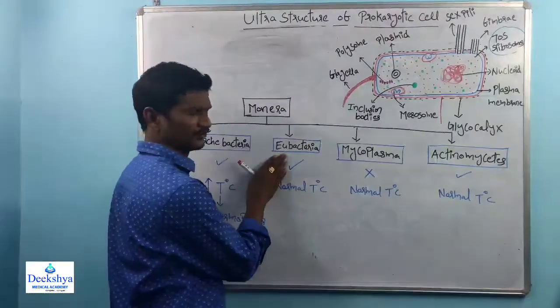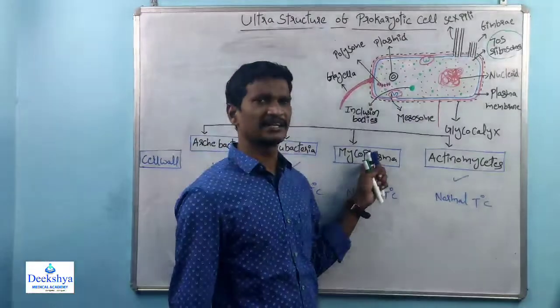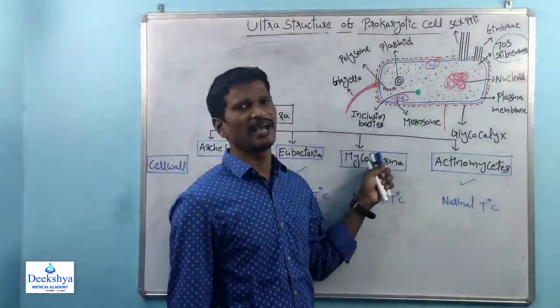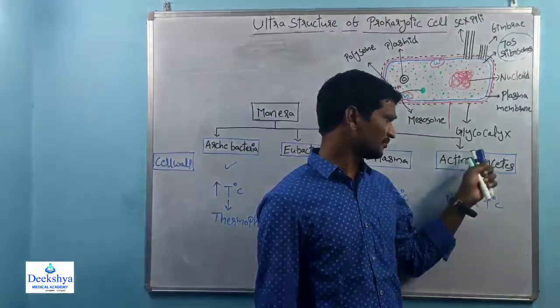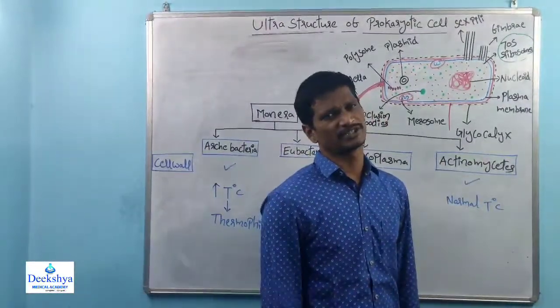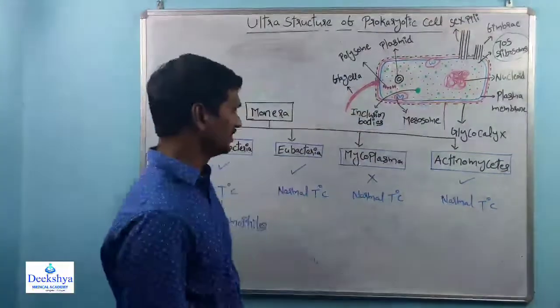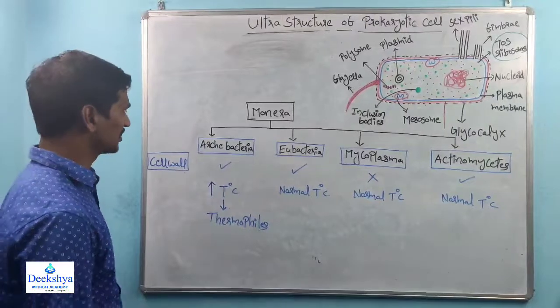Eubacteria grow at normal conditions. Mycoplasma are bacteria not having a cell wall, which grow at anaerobic conditions. Actinomycetes are very different: they have the capacity to form filamentous structures. These are the total subtypes of Monera classification.